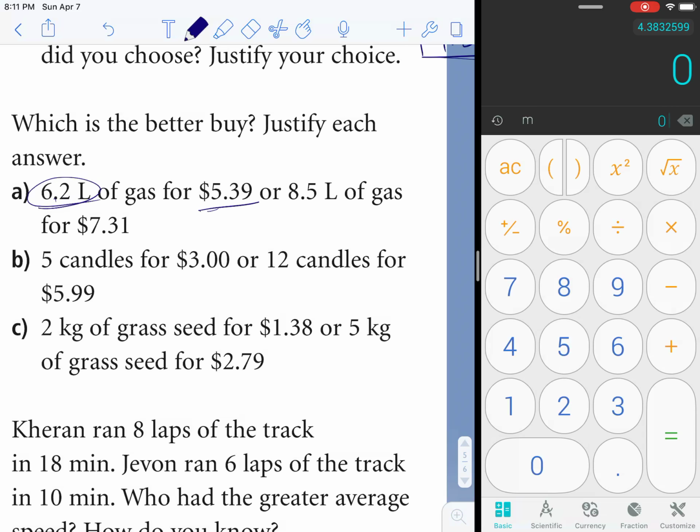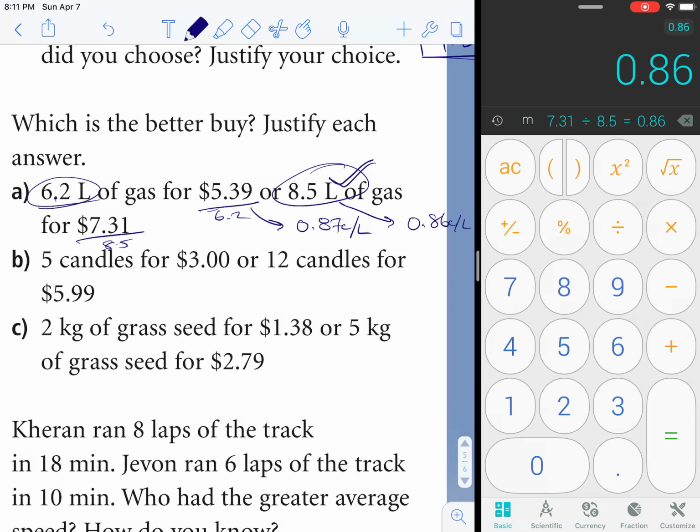So if we divide this by 6.2 and divide this by 8.5, so 539 divided by 6.2. This unit rate is 87 cents per liter. And 731 divided by 8.5. This unit rate is 86 cents per liter. So this is the better deal.